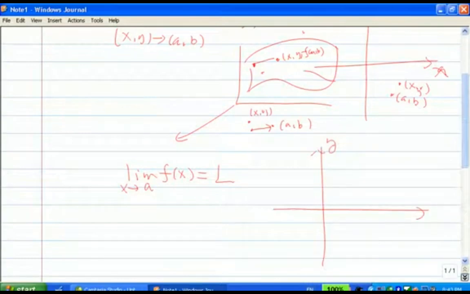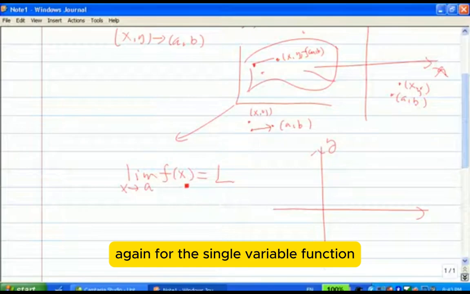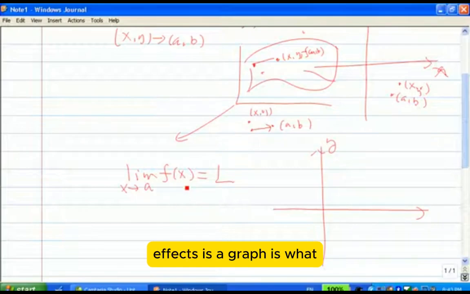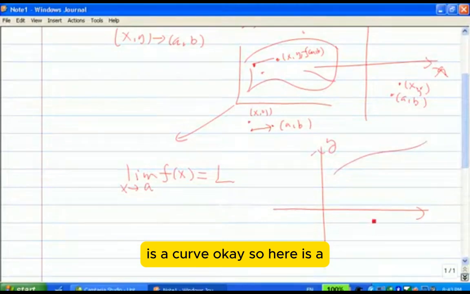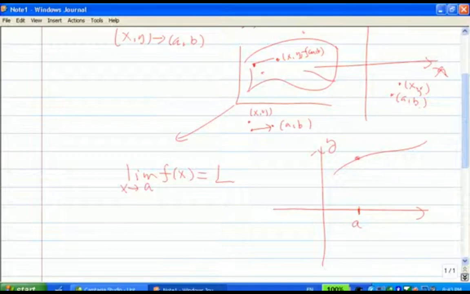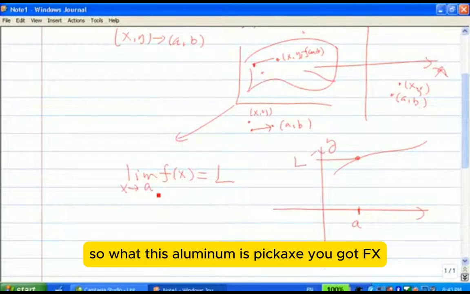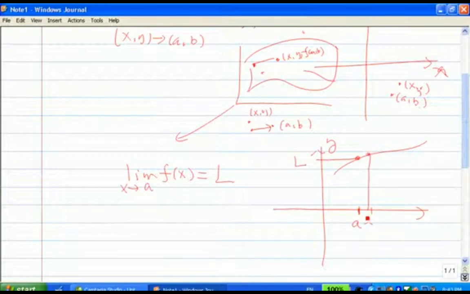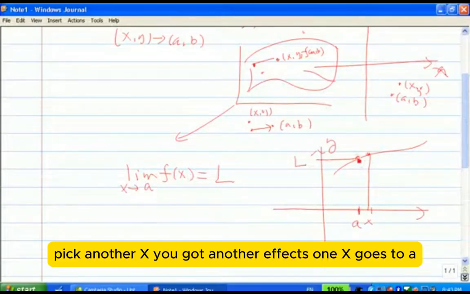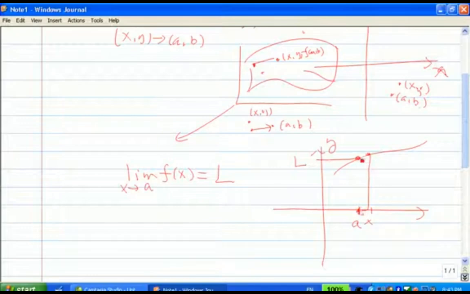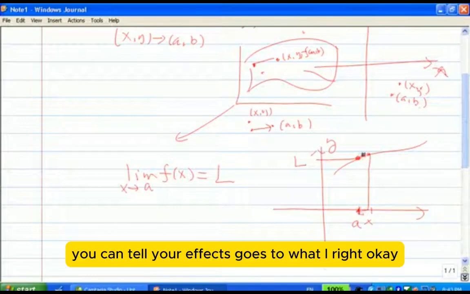Again, for a single variable function f(x), its graph is a curve. Say here is a, and here is L. So what does this limit mean? Pick x, you get f(x). Pick another x, you get another f(x). As x goes to a, f(x) goes to L, right?